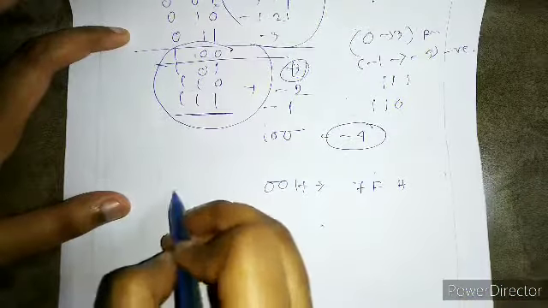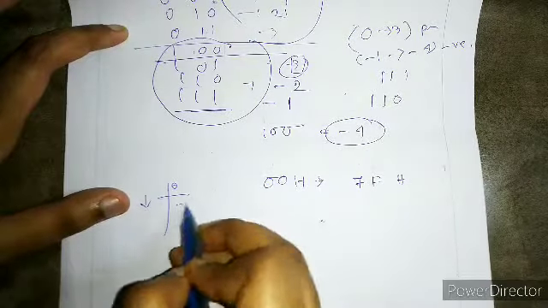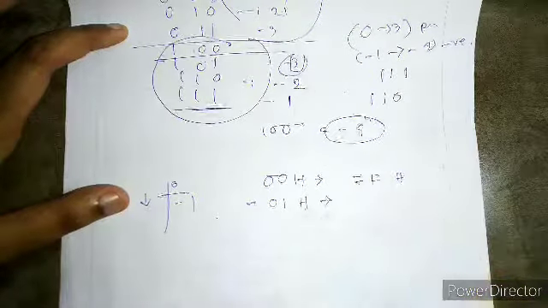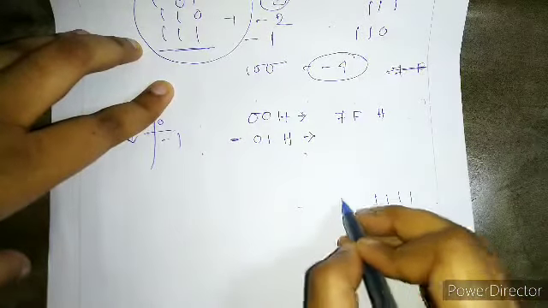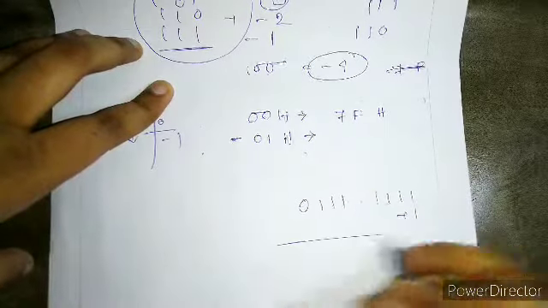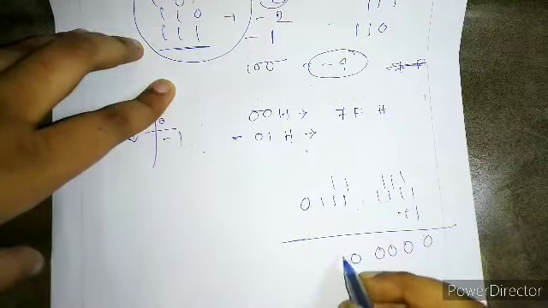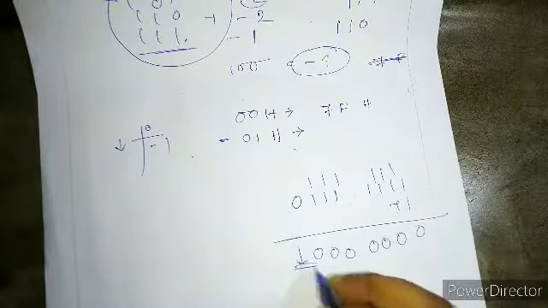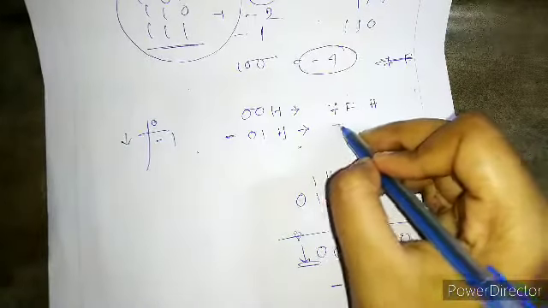Going down, the number below 0 is minus 01H, down to minus 80H.